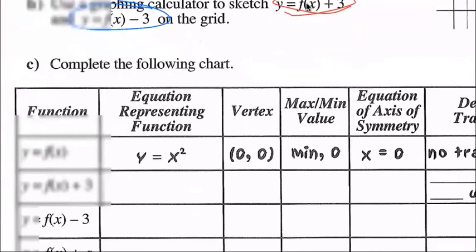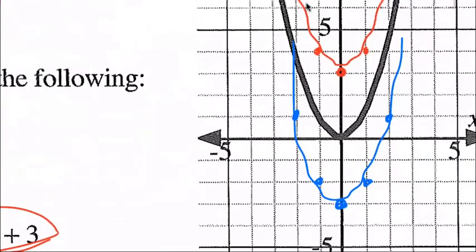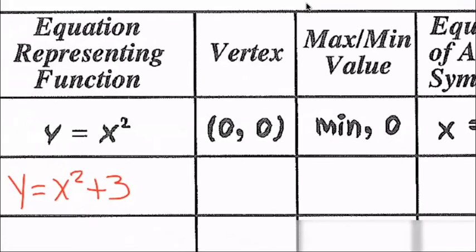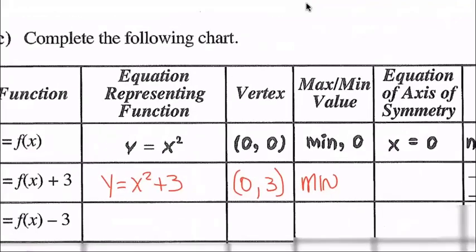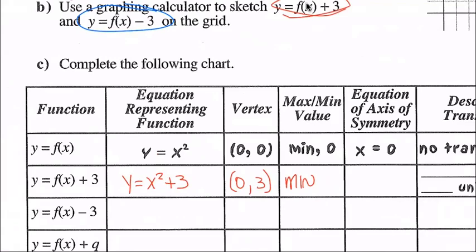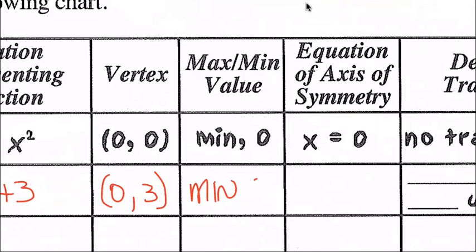F of x plus 3, our equation. This one was red. Y equals x squared plus 3. What's the vertex of our red graph? The coordinates of this point are 0, 3. We still have a minimum because it's opening up. That minimum value, sorry, I mean the y value of our vertex, is 3.